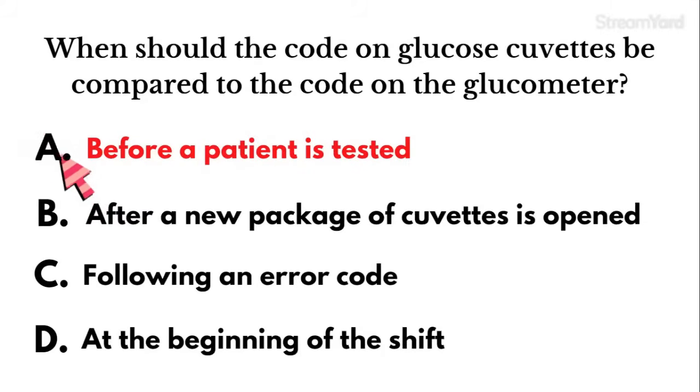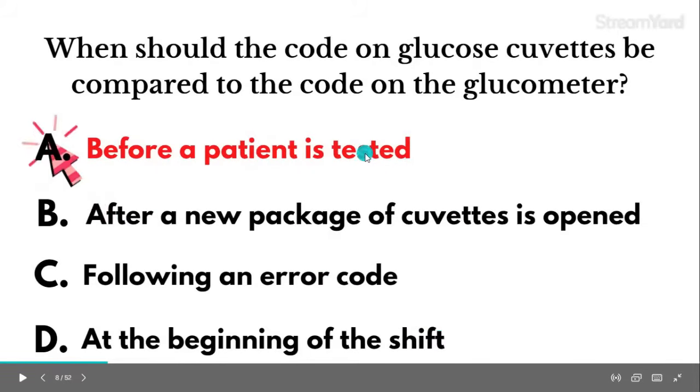I want you all to be in the habit of checking it right before you test the patient as well. After a new package of cuvettes is open, yes, you're going to check it, because you're going to put that new cuvette into the glucometer. Following an error code and at the beginning of the shift are incorrect. You want to check before a patient is tested.